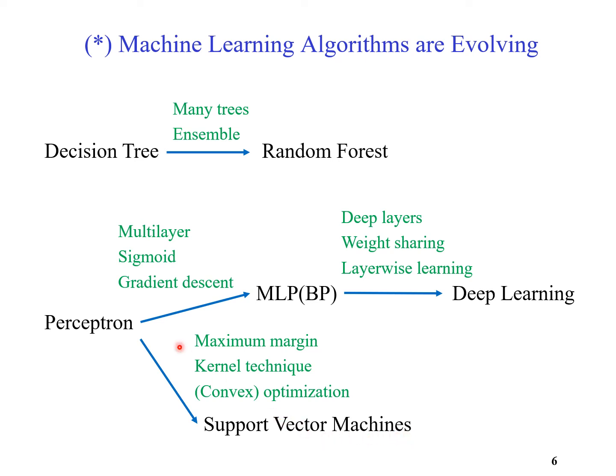So again, in this slide, we have shown that some algorithms are the result of evolution from other algorithms. For example, neural net has evolved from perceptron, and support vector machine is another evolution from perceptron. And in this chapter, we're going to study support vector machine.